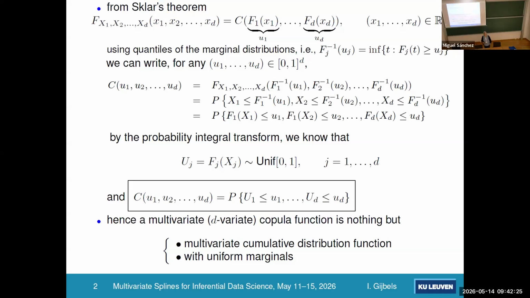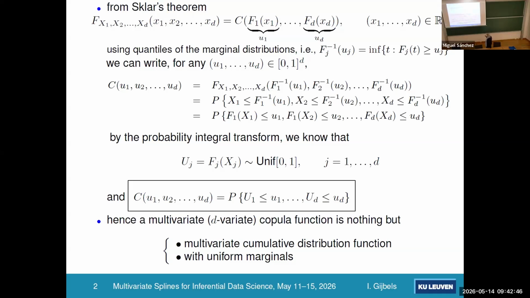So these are like the quantiles, the inverse of the function Fj. If you write it like that, this is just writing it the other way around, I write it again with probabilities. I apply F1 on each side here, F2 on each side here, FD on each side here.